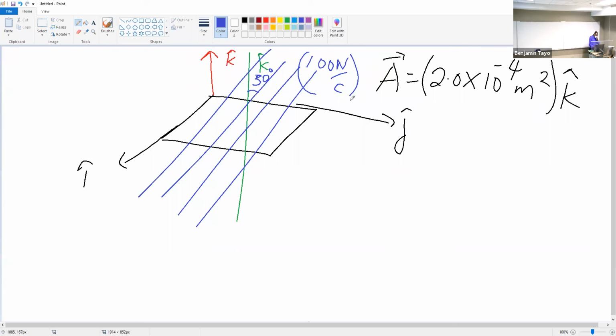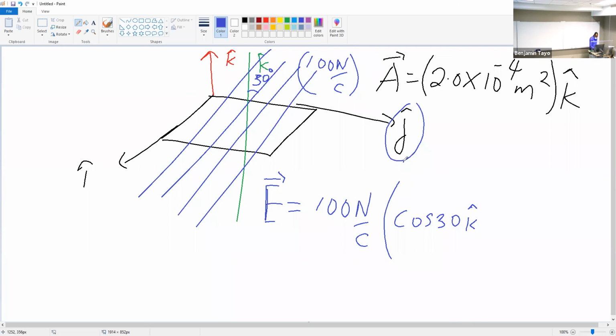So in this case, I can write my electric field vector as, so I'll just write it as 100 Newton per Coulomb into, so let's just assume that this electric field is actually in the J hat and the K hat plane, so plus sine of 30.